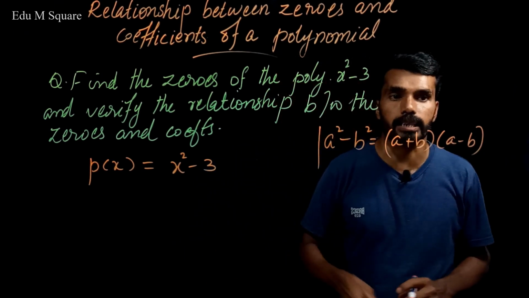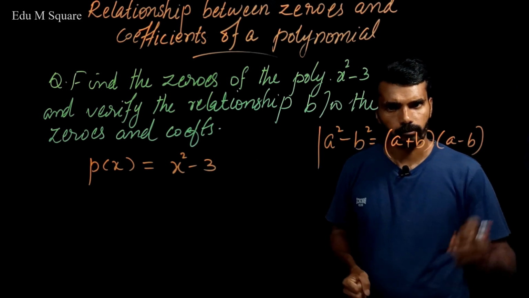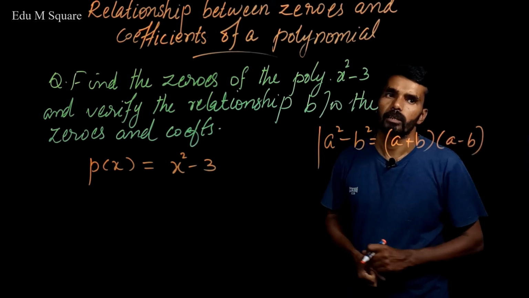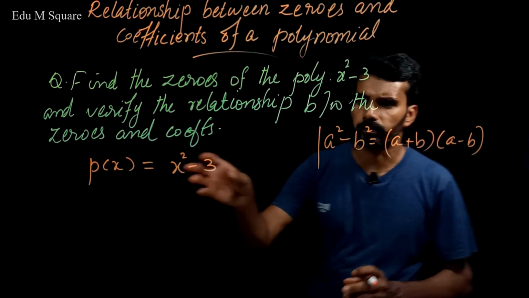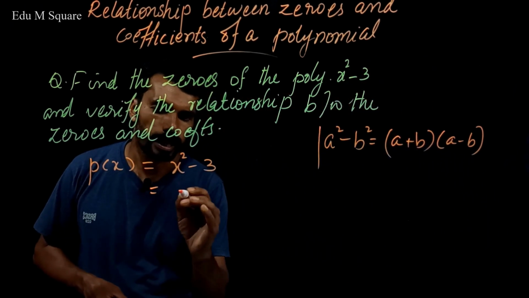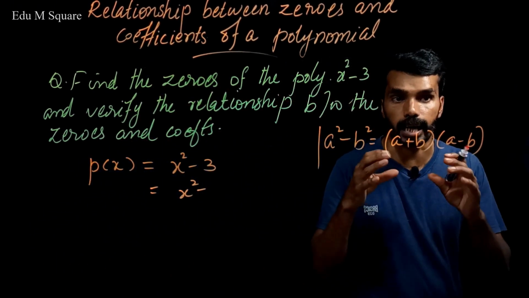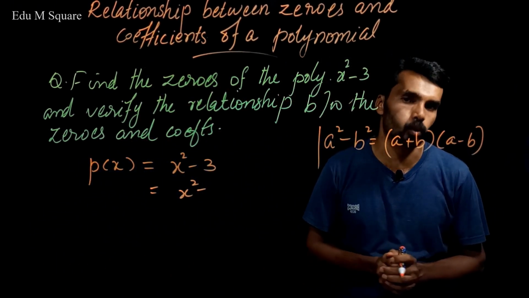This identity we make use of to find the zeros of this quadratic polynomial. So we just rewrite this x square minus 3. 3 can be written as root 3 whole square.